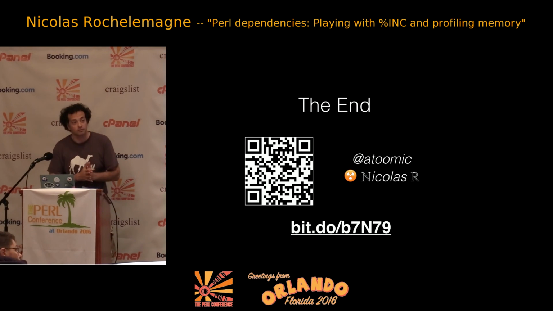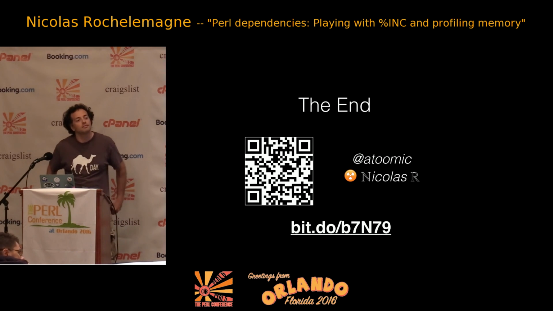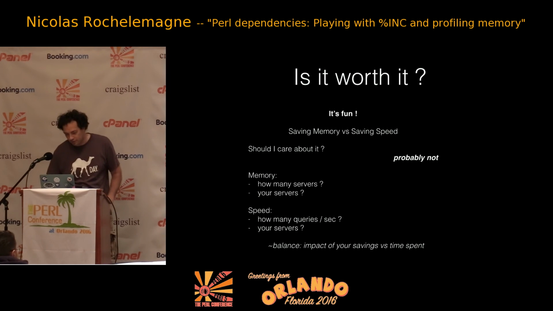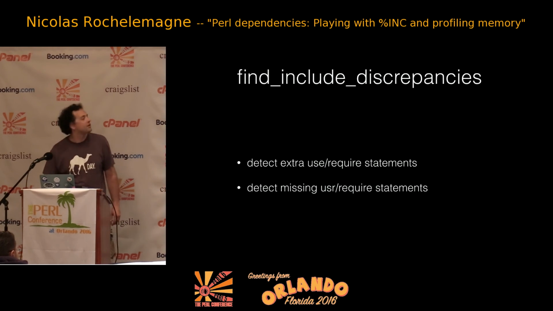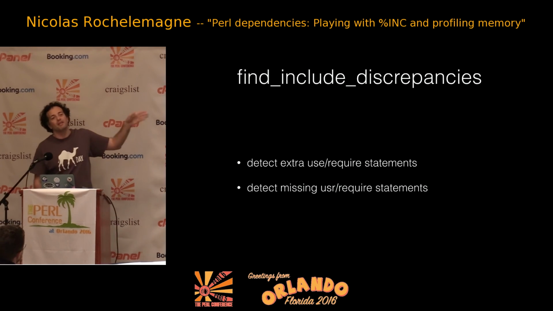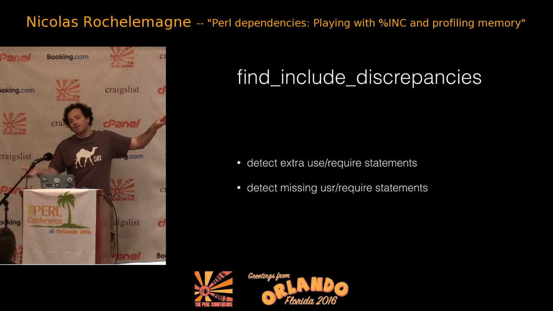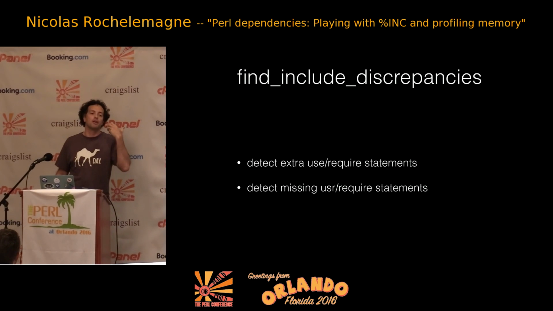Yeah, there's a companion app, the one I was barely talking about. I cannot show this one because the code is not clean, in fact, but it's working. The idea is that using PPI, you can detect missing use or require, because I think that's a very bad habit, which was mentioned in the previous talk, where you should not start using a function from a module when you are not loading it.